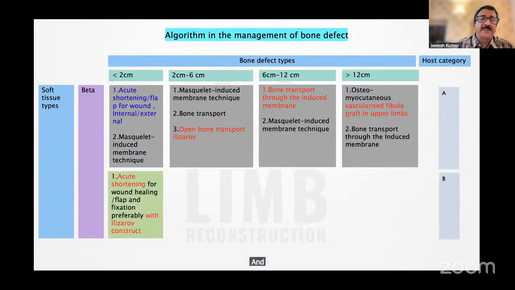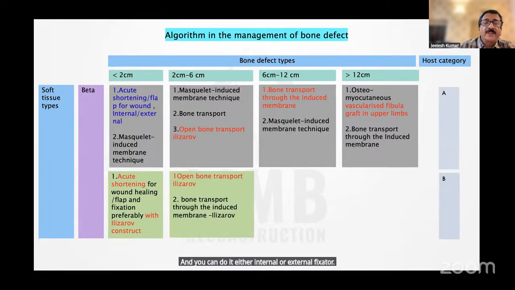And type B host, if it is less than 2 centimeter, acute shortening for wound coverage, and preferably with Ilizarov, you can use here in type B. If it is in type A, you can do either internal or external fixator. Then 2 to 6 centimeter bone loss, you can use open bone transport, Ilizarov bone transport or the induced membrane.